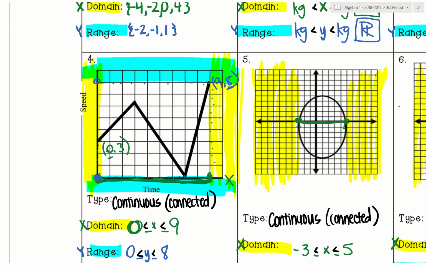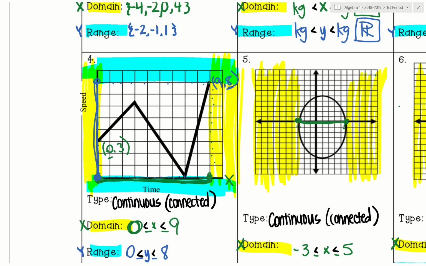Therefore, what do I do with my sign? Underline it. Now look, if you were to flip this sideways and connect the 2 blue dots, it tells me my y is going to go from the bottom, which is at 0, all the way to 8. So that's what my 2 numbers should be, from 0 to 8. Are we okay with that?